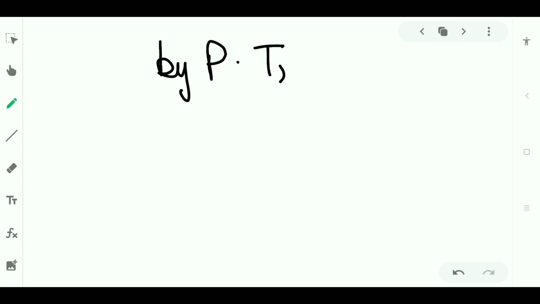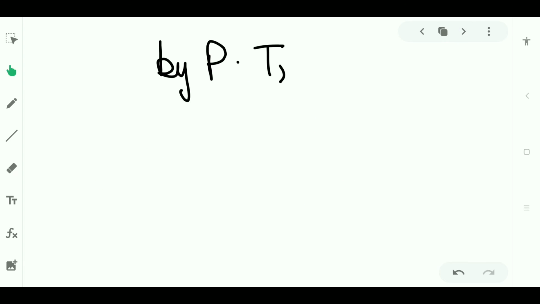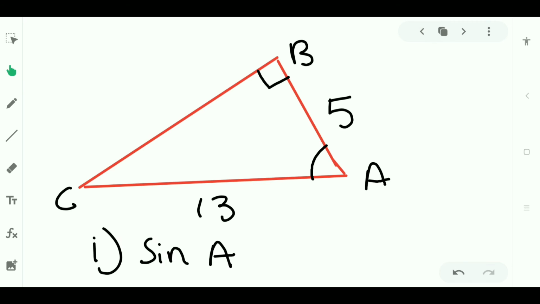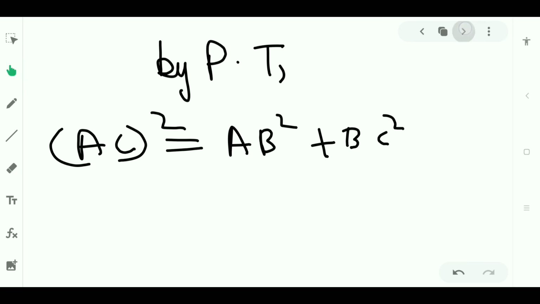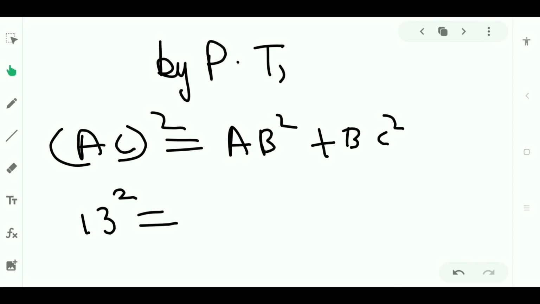The equation will be AC square is equal to AB square plus BC square. Okay. Now here AC square is nothing but 13 square. 13 square is equal to AB square, AB square is 5 square, and BC square is not given. Okay.